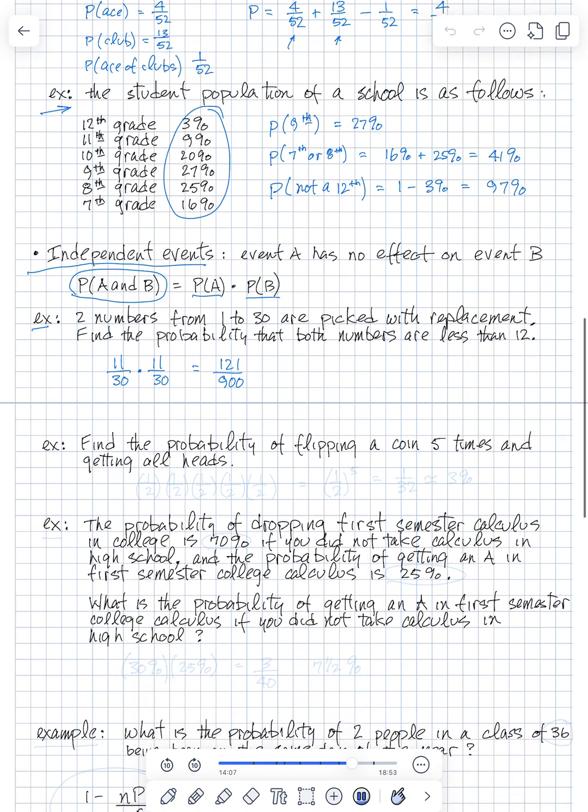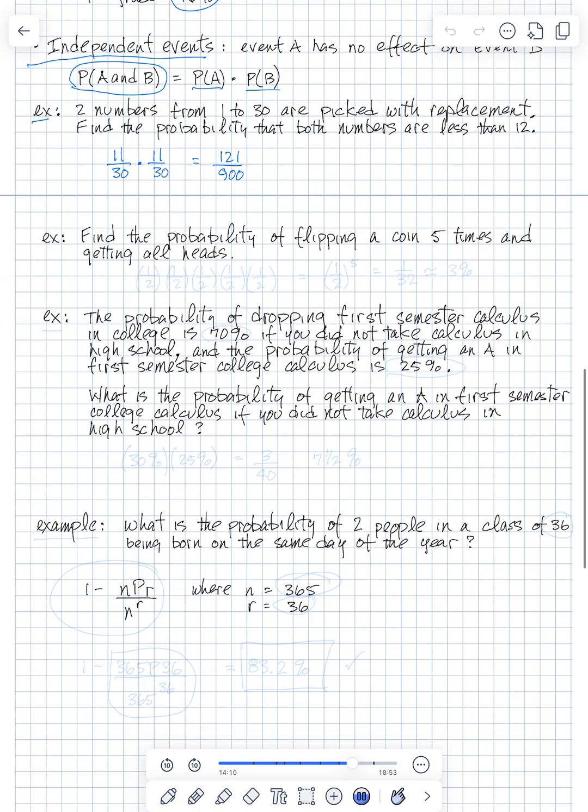All right, what about the probability of flipping a coin 5 times and getting all heads? Well, the probability of getting a head is 1/2 for the first time, and the second time it's 1/2, third time it's 1/2, fourth time it's 1/2, fifth time it's 1/2.